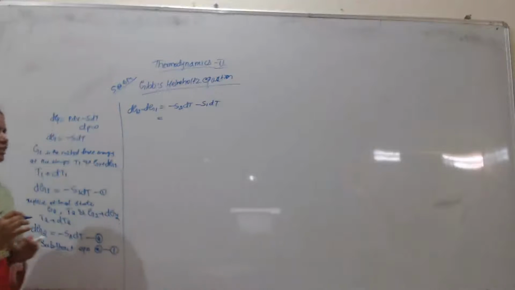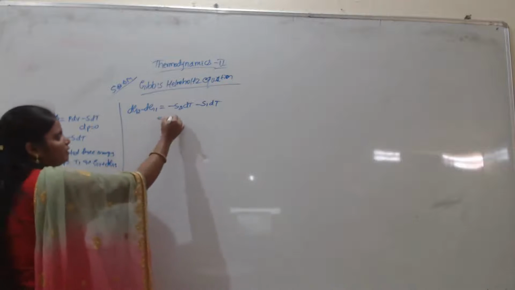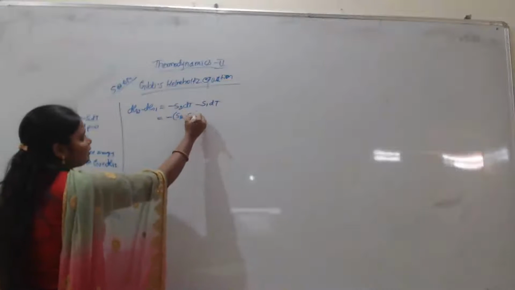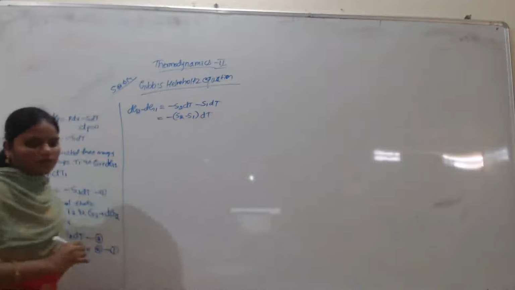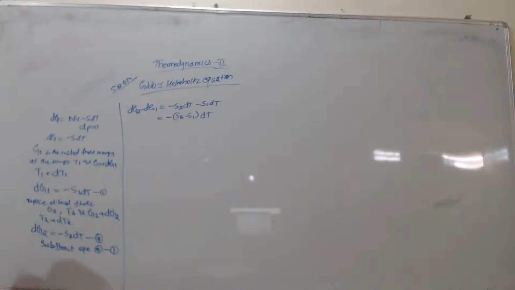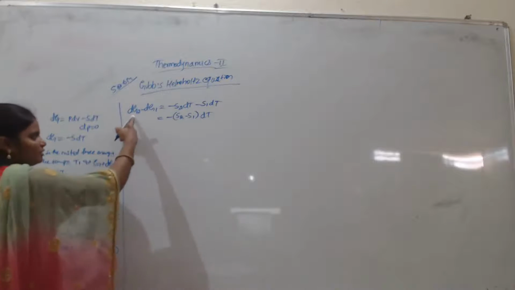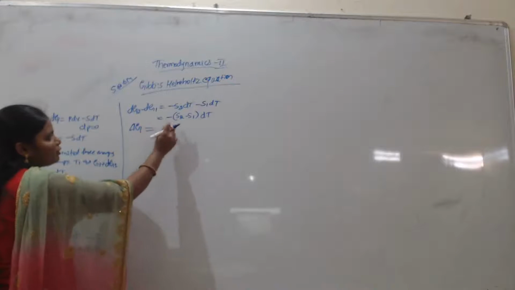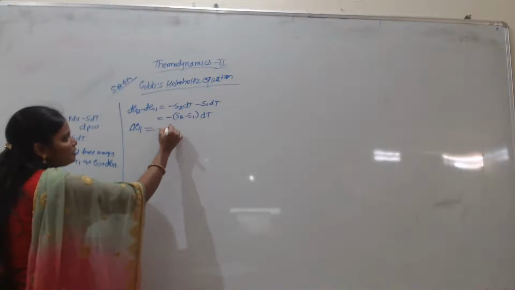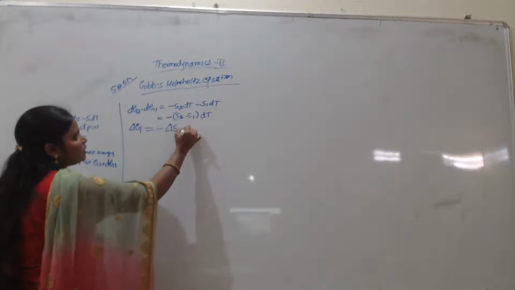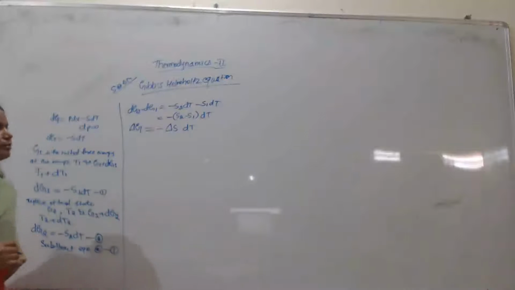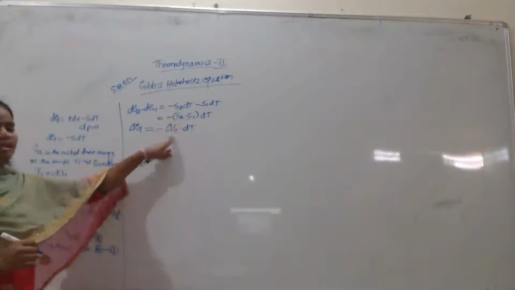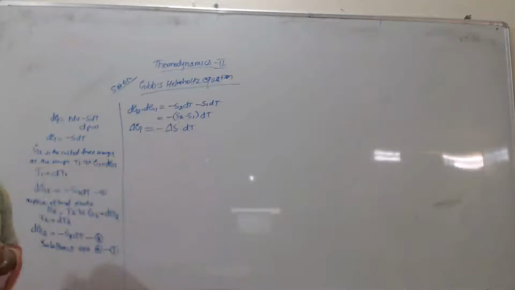Taking dT outside, this is minus (S2 minus S1) dT. So the change in energy, delta G, is equal to minus delta S times dT, since S2 minus S1 is delta S.